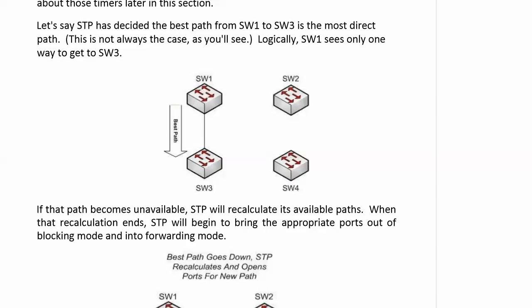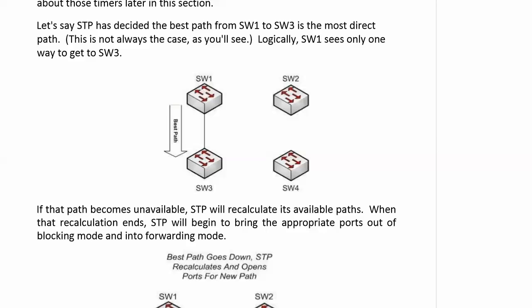STP, in this case, has decided the best path from 1 to 3 is the most direct path. That is not always the case, but we're assuming here that it is. Logically, switch 1 only sees one way to get to switch 3. Yes, we have those other physical connections because in this diagram we had a full mesh, but that's not going to be the case logically.